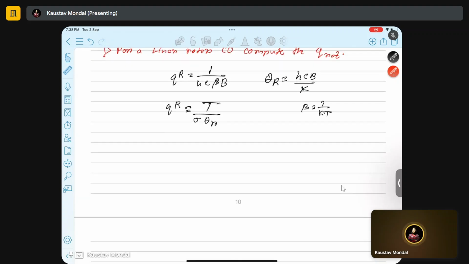Theta you can also write like this: theta equal to h cut squared.